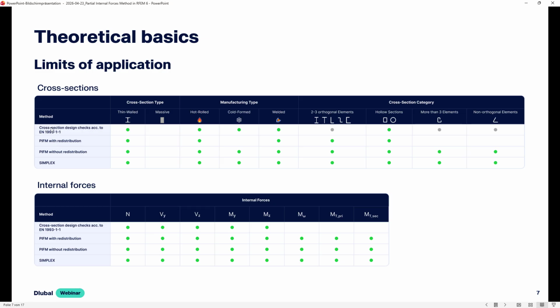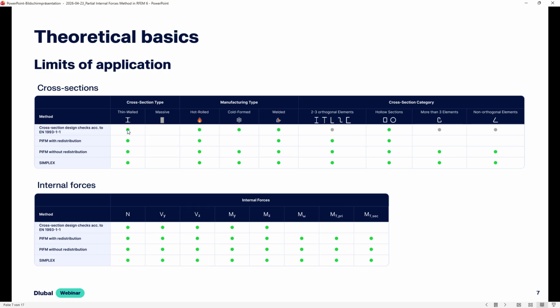I'm always talking about the plastic cross-section design checks with these interaction formulas. The first table is about the cross-sections. So here we will see for which cross-sections or cross-section geometries the methods will work.